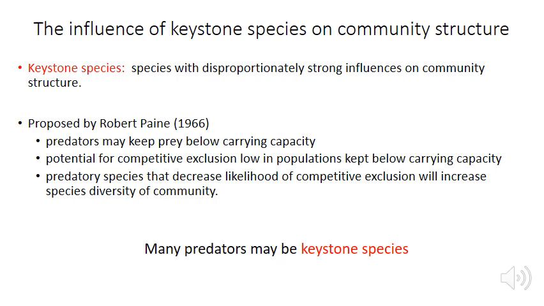And when prey species are below carrying capacity, they're unlikely to competitively exclude other species because they're not utilizing the available resources to their full capacity. And so any predator species that can decrease the likelihood of competitive exclusion within a community is thereby increasing species diversity in that community. And so Robert Paine proposed the idea that many predators may be keystone species.